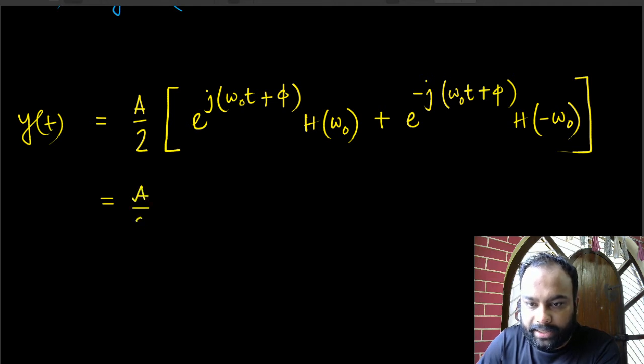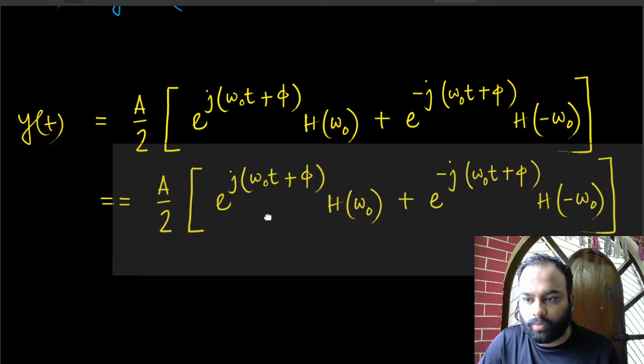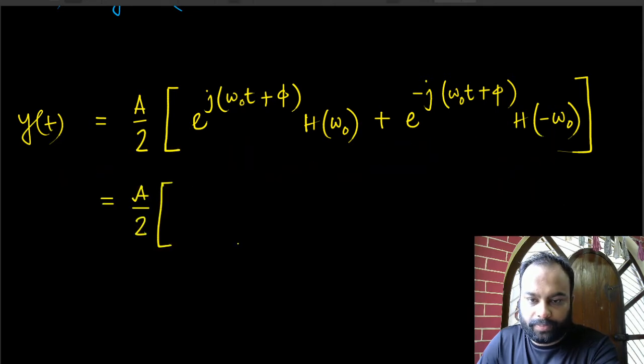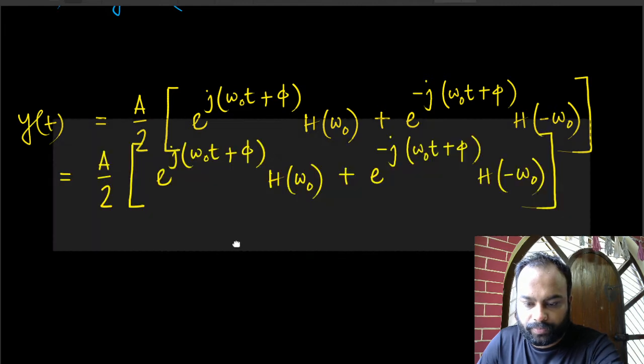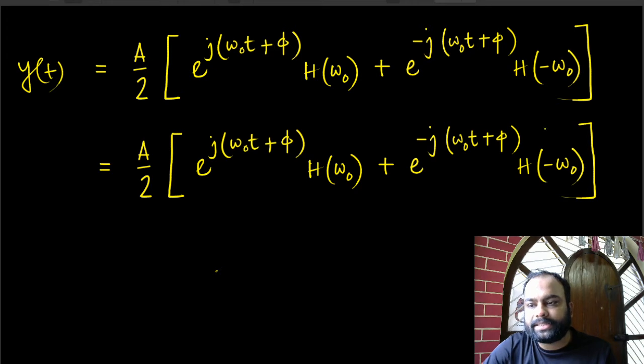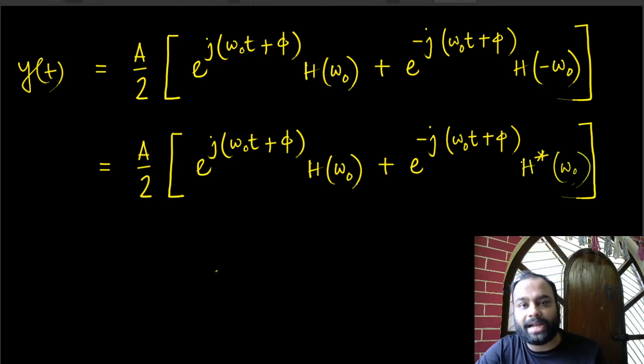Let's copy paste everything once more. Now of course, here instead of writing H of minus omega naught, I can write H star omega naught. And this star is a superscript, so don't confuse it with convolution.